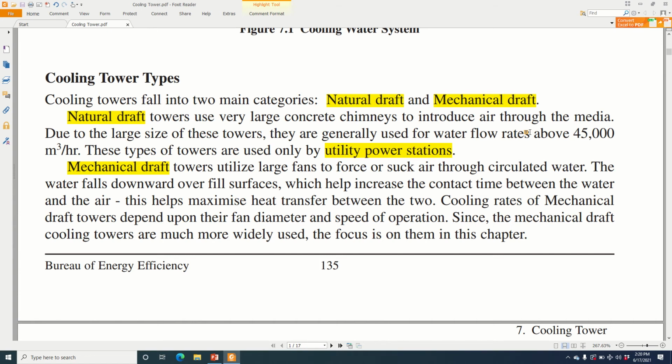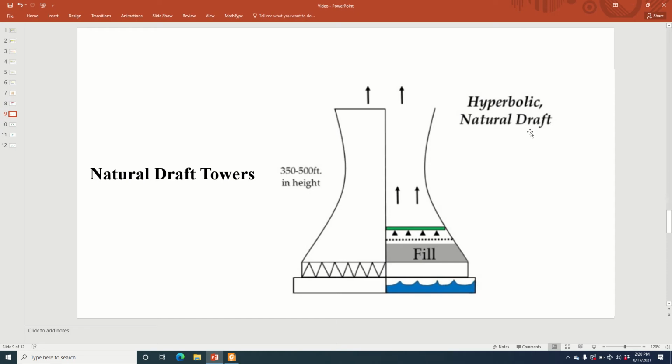Let me show you its diagram. This is a diagram of a natural draft cooling tower in which air is blown through the hot water without any mechanical system.